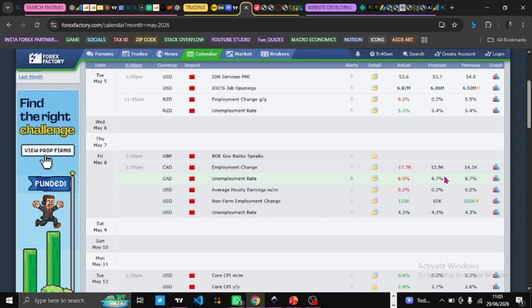So now this one is 185k, 65k. They were expecting 65k because to them the currency of US is dropping a bit. But unfortunately something drastic miraculously happened. 150k jumped above their expectation of 65k, even though it was below the past one.